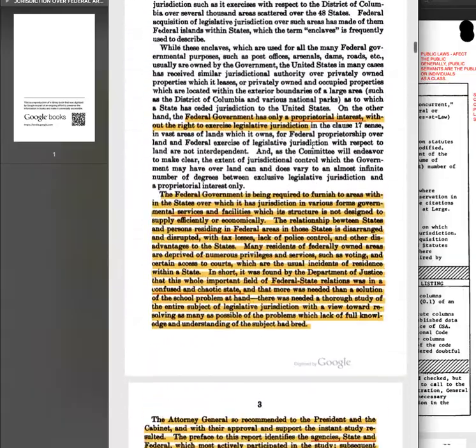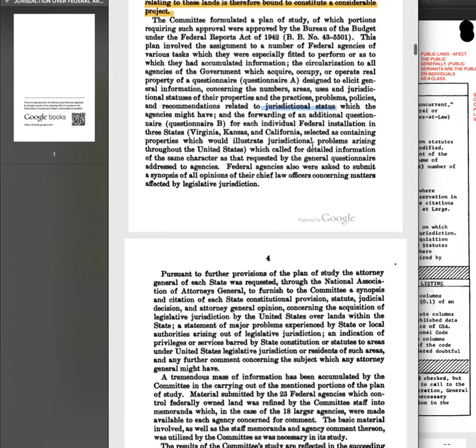It says we need to find out what we're allowed to do on the lands that we have. The federal government is saying that to itself. It's saying, what lands do we have and what can we do on those lands? So we need to find out what lands: occupy, operate, real property, questionnaire, okay, and what we can do, jurisdictional status, what we can do, okay?